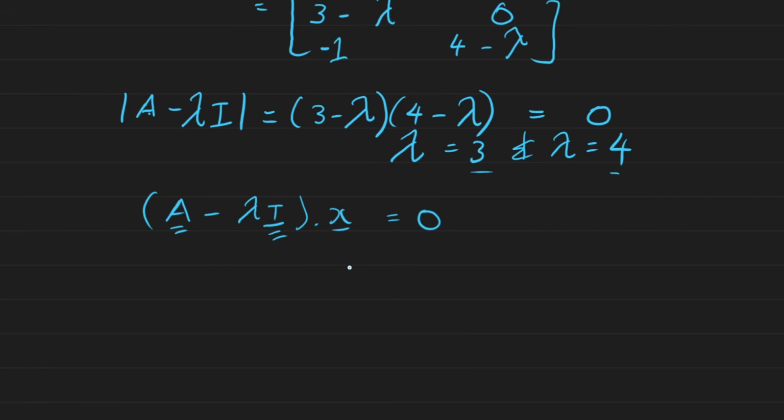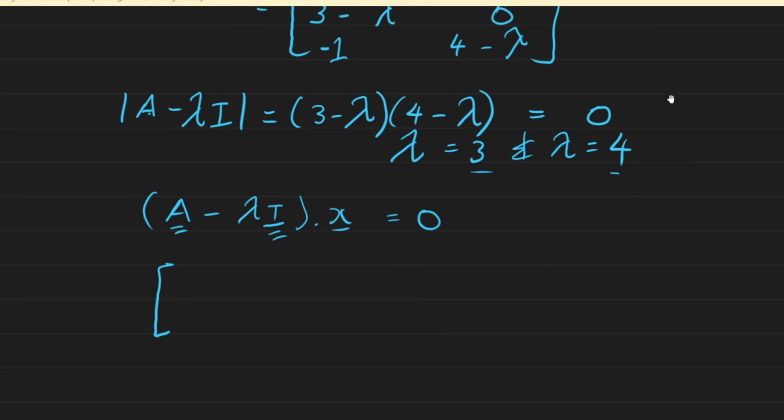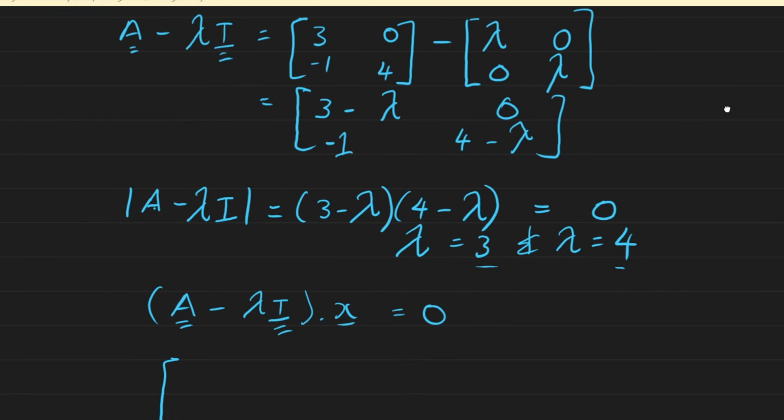So let's do that. We have A minus lambda I, so that's 3 minus lambda, and lambda we will firstly take to be 3. So 3 minus 3 is 0, and then we have 0, and then minus 1, and then 4 minus lambda is just 1.